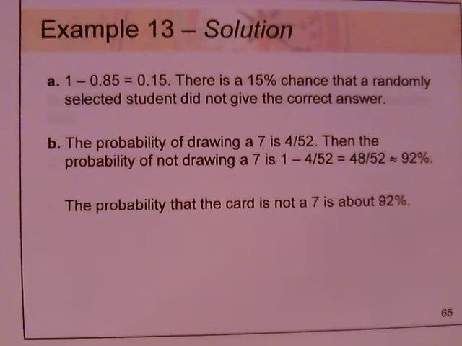So the probability of not drawing a 7 will be 1 minus 4 over 52, which is 48 over 52. With 52 cards in a deck and only 4 sevens, the rest have to be 48. So it's 48 over 52, or about 92%.